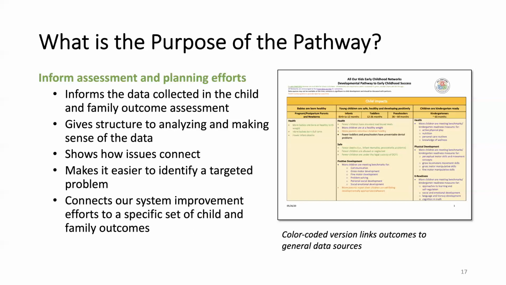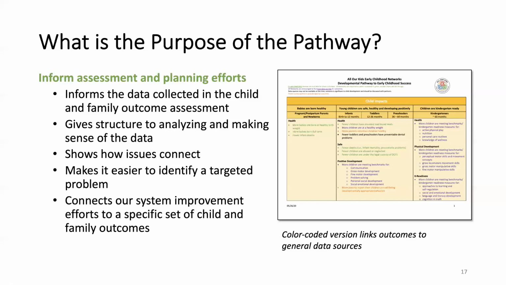Then from there, you're going to identify a more specific set of child and family outcomes that you'll focus on for your child and family initiative. Again, you'll learn more about this in the Assessment Planning and Action webinar. But for now, just know that these are some of the reasons that this developmental pathway is going to help us with that assessment and planning process.